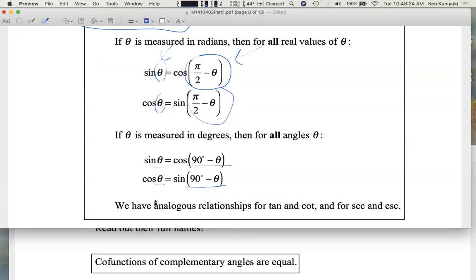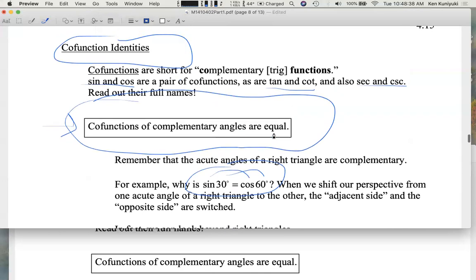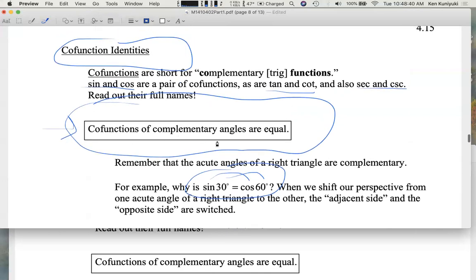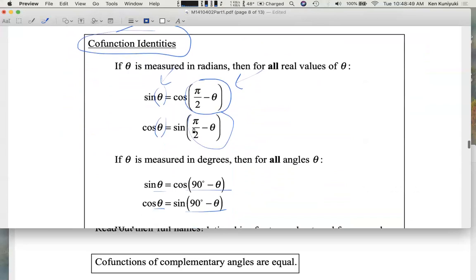Again, we can say the same for secant and cosecant, and tangent and cotangent. Cofunctions of complementary angles are equal. It's easier to remember the cofunction identities by remembering this statement, because there are many, many cofunction identities you could write out.